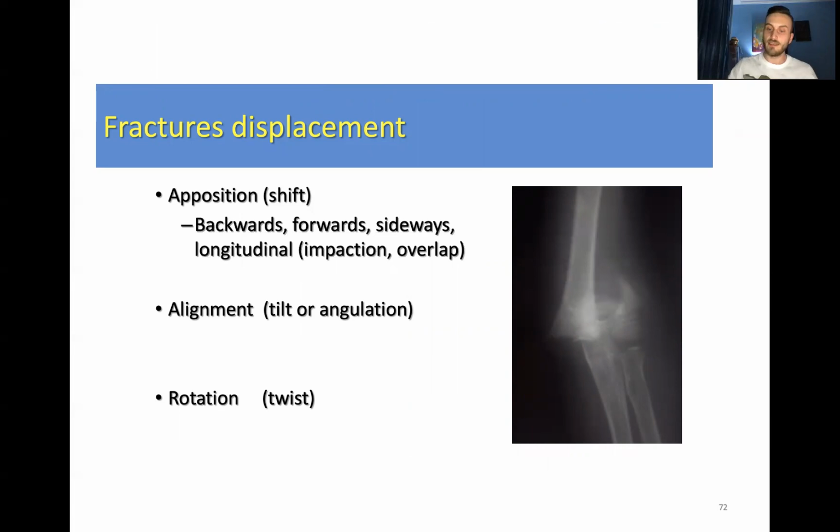Alignment, if there is any tilting, which is the angle between the proximal and distal parts. You can say it's going valgus or varus. The rotation is very important, but you have to see the two joints to know if it's rotated or not.